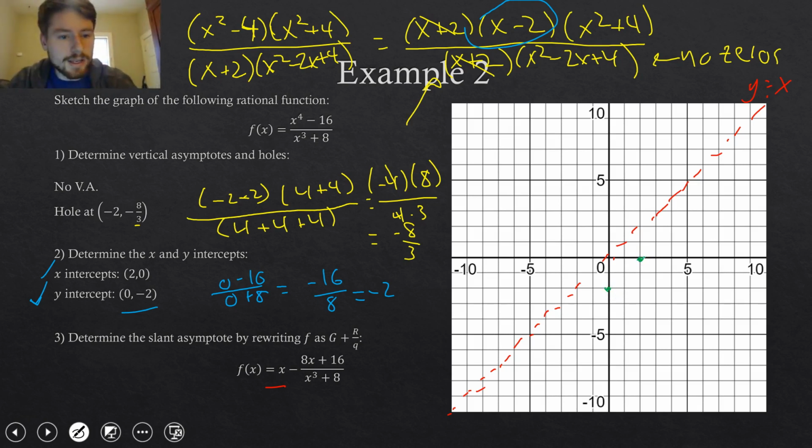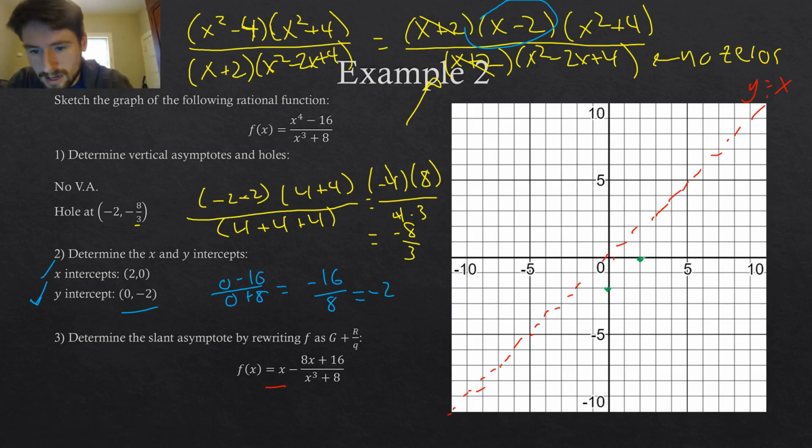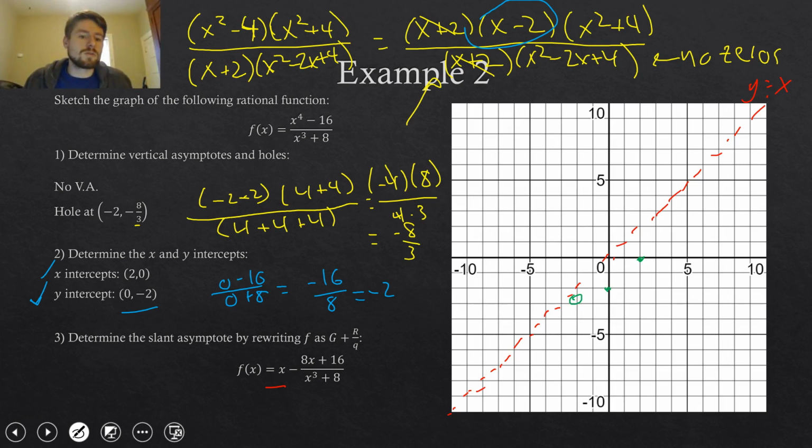And we found a hole at -2, -2.666. So that's over here. There's a hole in the graph, right around -2, -2.6. And so it looks like we don't have any vertical asymptotes, so we just have to connect the dots in a nice smooth curve and have it go towards that asymptote.